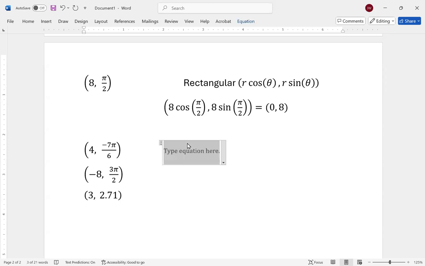So the next point in rectangular coordinates, we would get 4 times cosine of negative 7 pi over 6. That's going to be our x value. And our y value would be 4 times sine of negative 7 pi over 6.